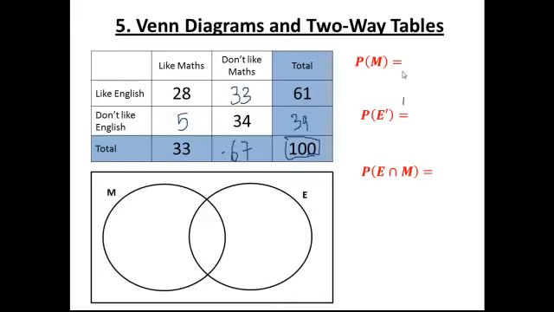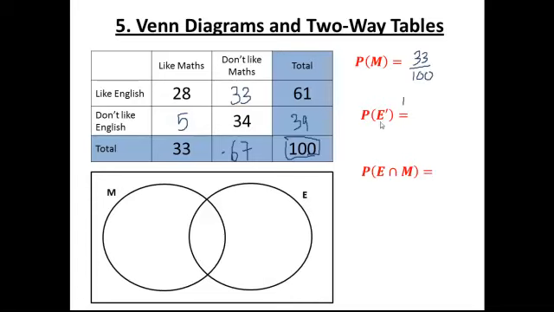Now, we're going to calculate the probability of different things happening using this two-way table. So the first one here has a P for probability and then in brackets an M. So that's, what's the probability that someone likes maths? Okay, so how many people like maths in total? That's 33. And how many people did we ask? 100. So the probability that someone likes maths is going to be 33 over 100.